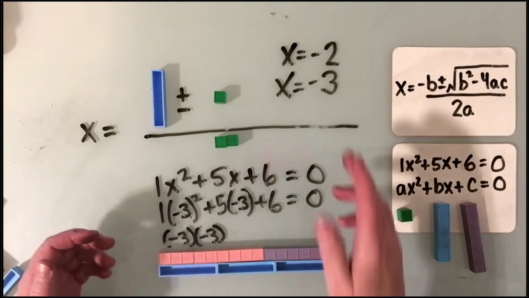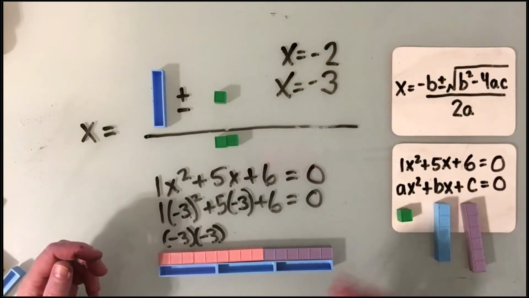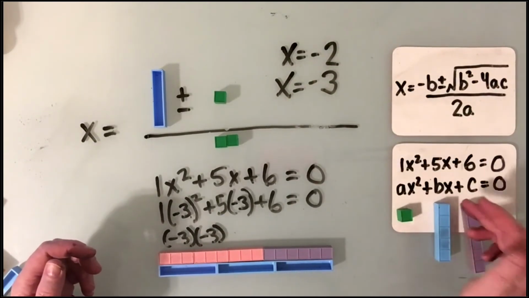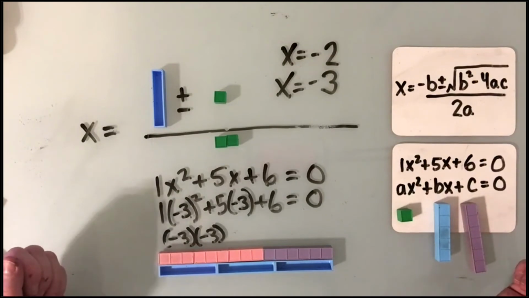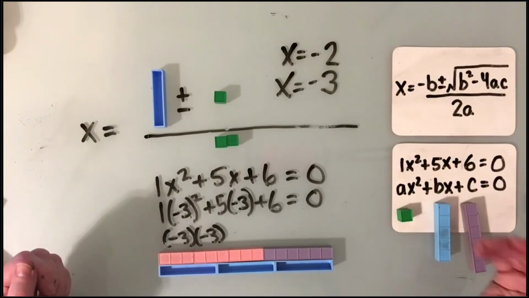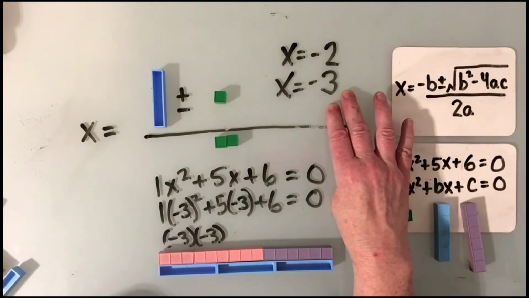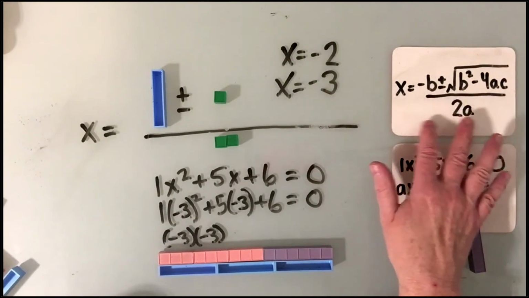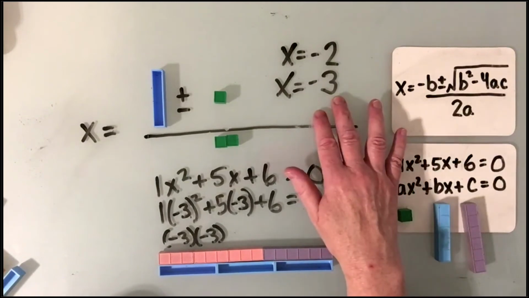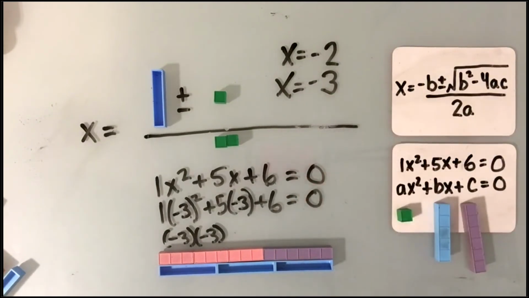And so those are the values of x that make 1x squared plus 5x plus 6 equals 0. Now, you may be asking why I used such a simple question. These are integer answers. We don't want to be doing this when we're starting out and having answers that are really complicated. We want to use basic arithmetic, just like we're doing: addition, subtraction, multiplication, and division.